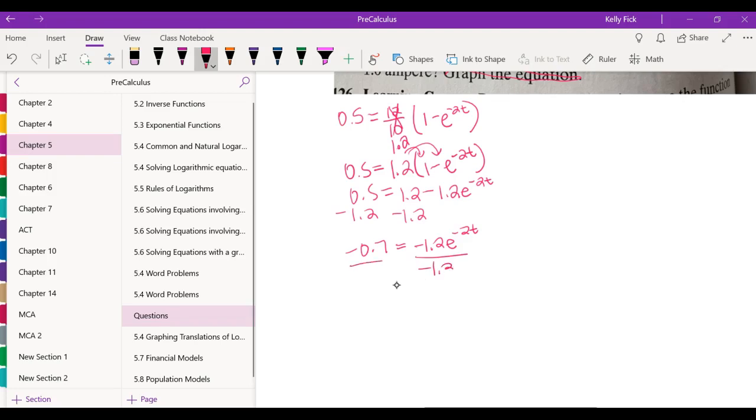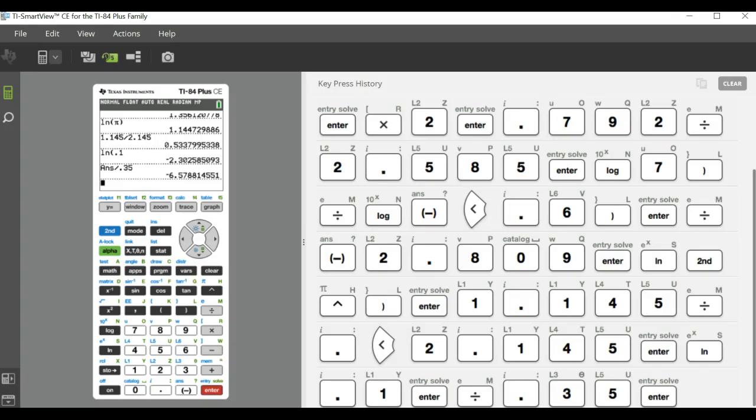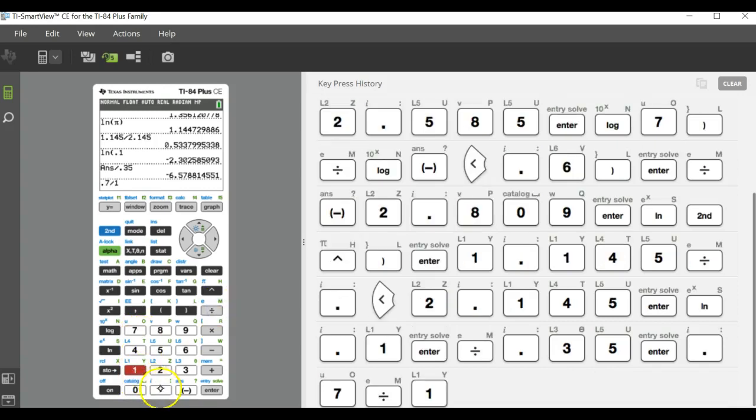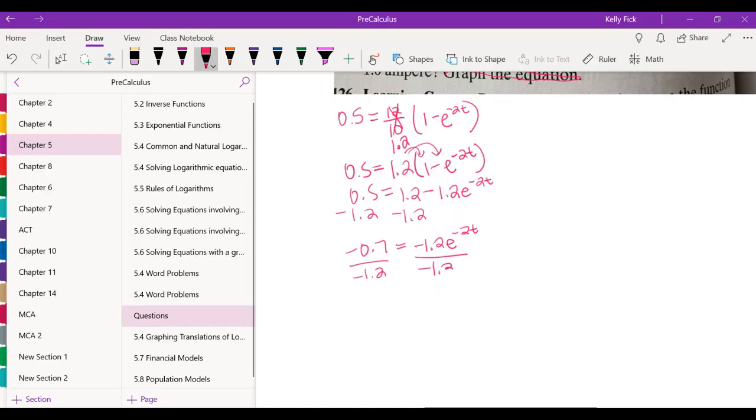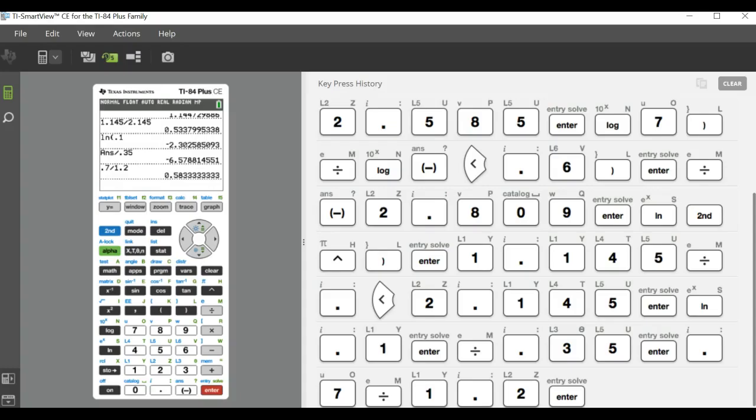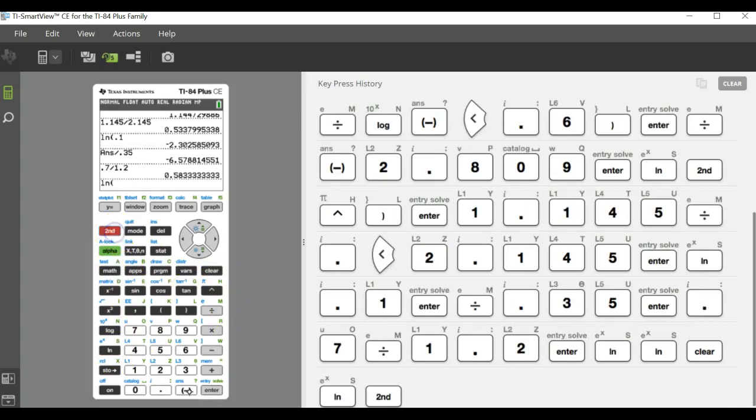I would divide by negative 1.2, which gets me 0.583. I knew these would cancel, so that's why I just did positive. So 0.583 repeating equals E to the negative 2T. I'm going to natural log each side. This side cancels. So the natural log of the number I just got, always try to use answer if you can, is negative 0.539.